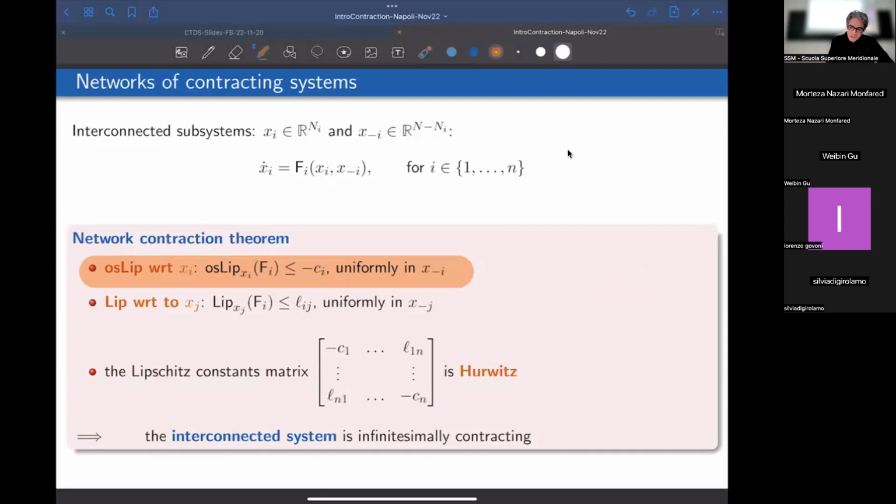Now, what is the assumption on the interconnection? The interconnections are Lipschitz. So in other words, the way in which xj affects Fi of xi, xj, and other nodes, this map is Lipschitz. And it has a constant. And this constant now has two subscripts because it's describing how j affects i.